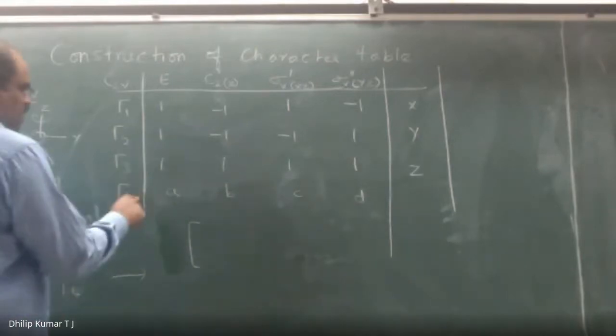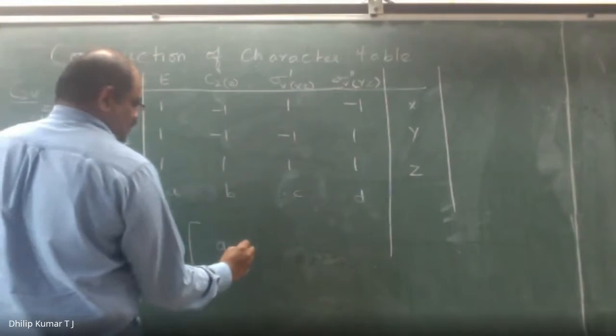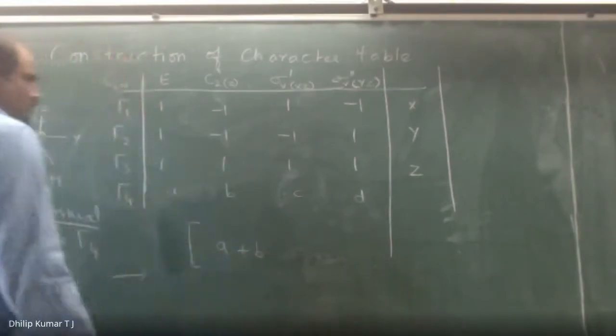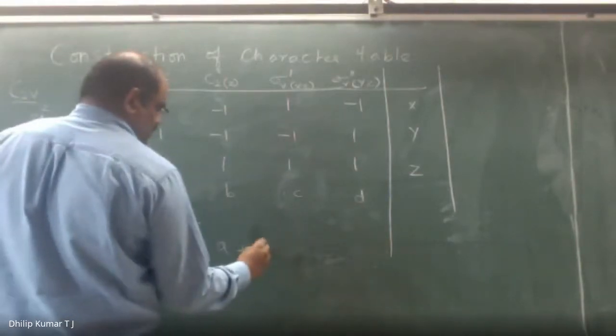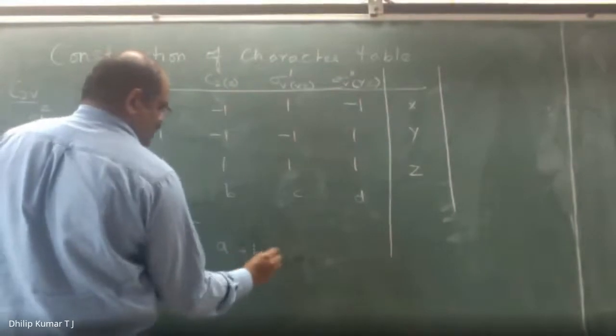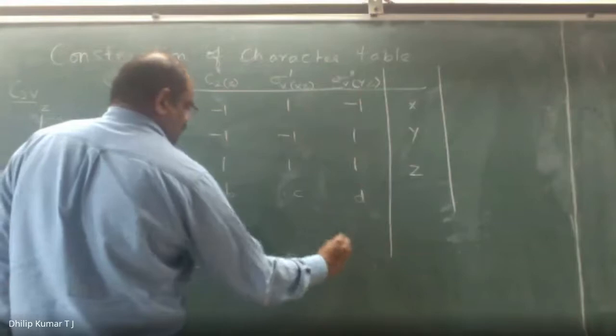So gamma 2 and gamma 4: it's A into 1, then minus B, then this into this, minus C plus D, equal to 0.